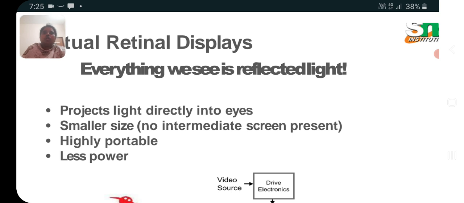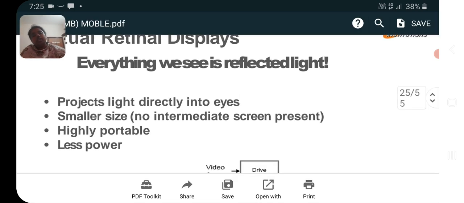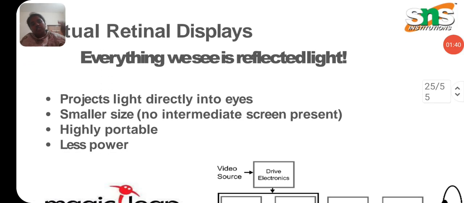We can see virtual objects registered in space, but how can we interact with them? These are the basics. To interact with them we have to wear head mounted displays. They contain a lot of things.